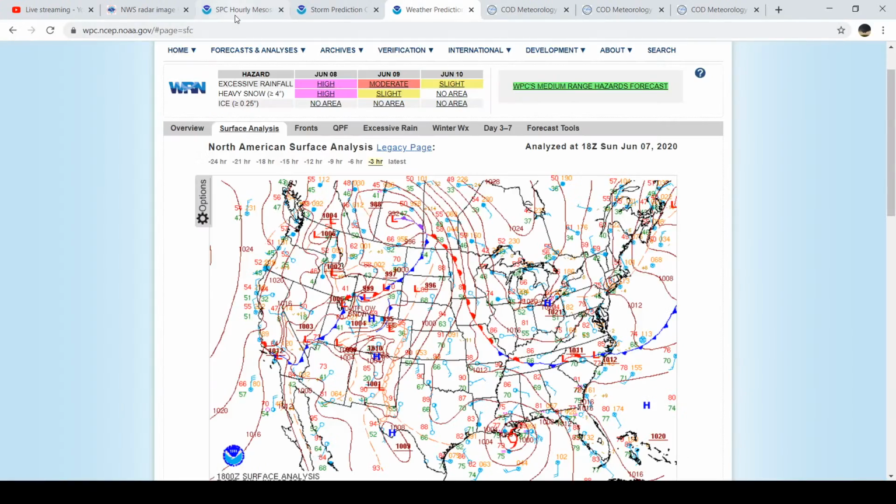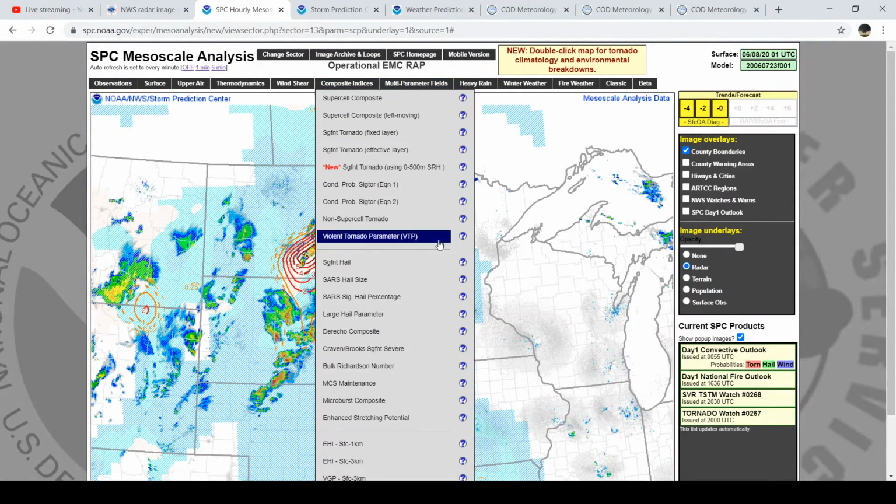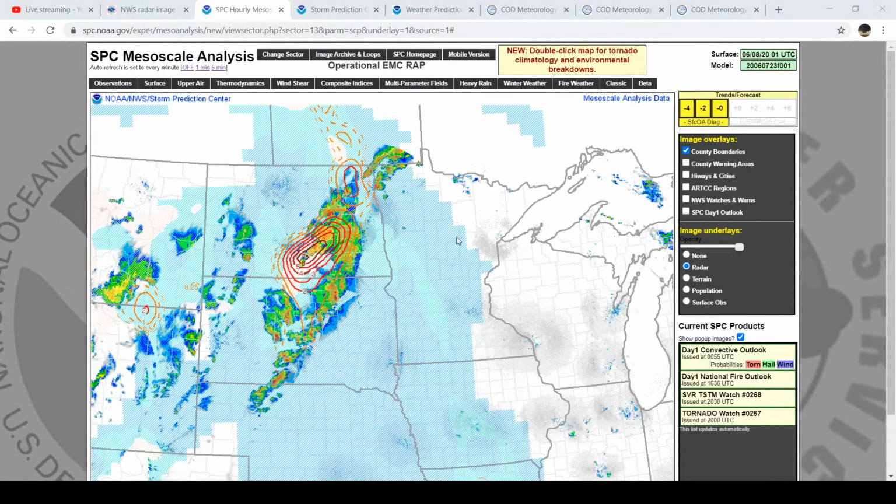In case y'all don't know, violent tornado parameter uses mixed layer CAPE, LCL heights, storm relative velocity, shear within the atmosphere, effective bulk wind difference, and lapse rates.